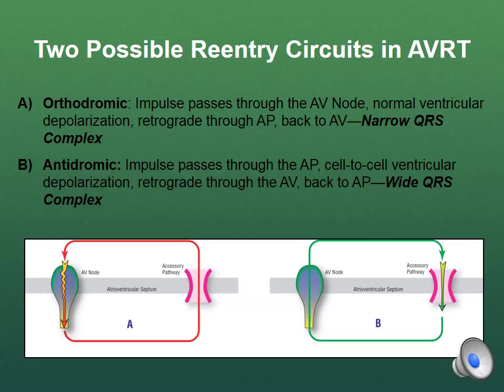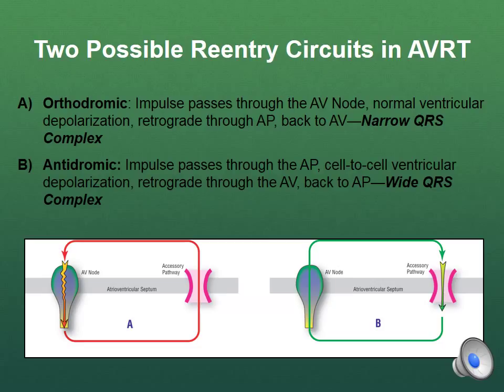You have a continuous circuit, and that's the same thing with an orthodromic circuit. Your accessory pathway is refractory when the premature stimulus is provided, but as it passes down through the AV node, reaches the ventricular tissue and hits that accessory pathway, it's no longer refractory.